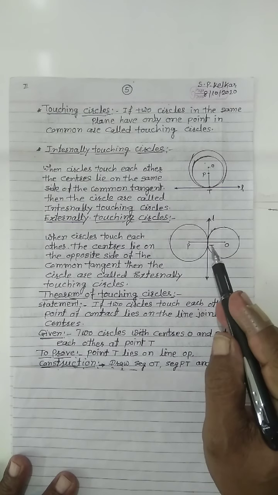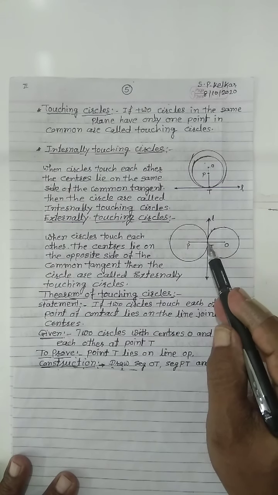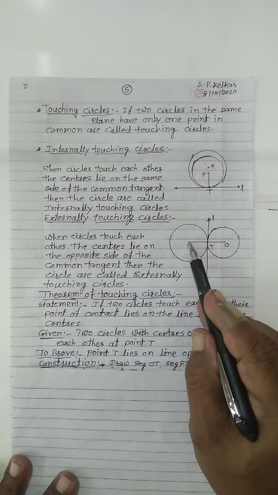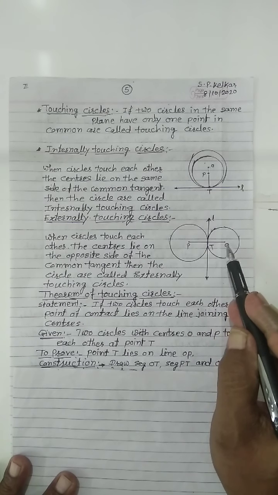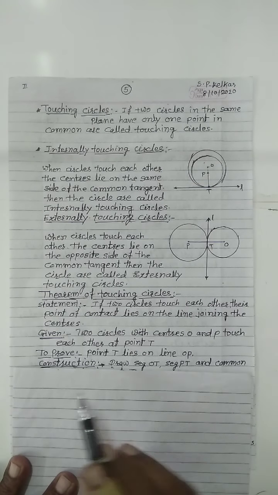See, in this figure these two circles are touching each other. The touching point lies on the segment joining the two centers, P and O. This point T lies on PO.